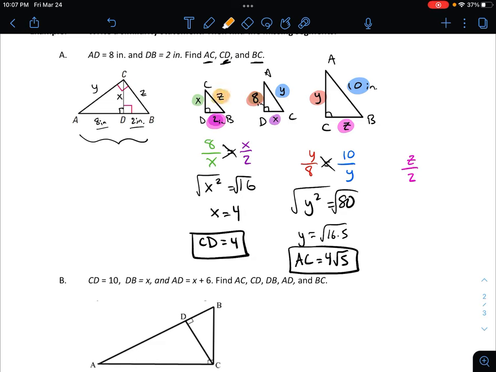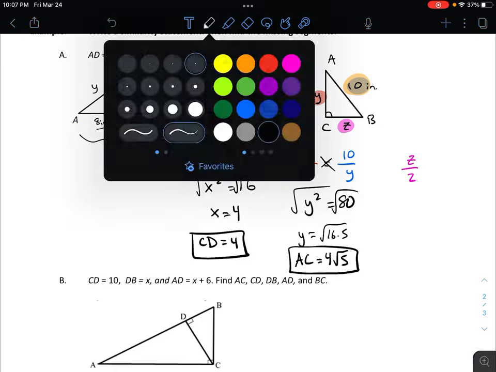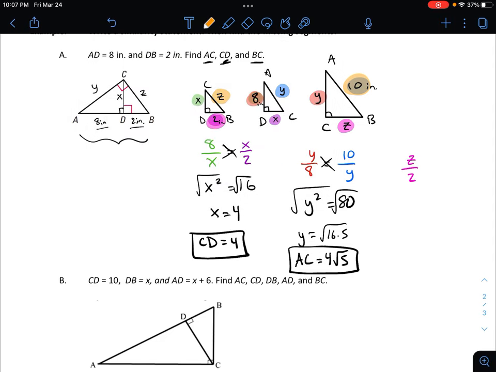I'm going to compare this z, that's a hypotenuse, to this 10. Those are both my hypotenuse. Again, I can't do z over 10, I have to do 10 over z, because I have to compare the same thing in the same order. So z over 2 is 10 over z. Those are equal to each other.